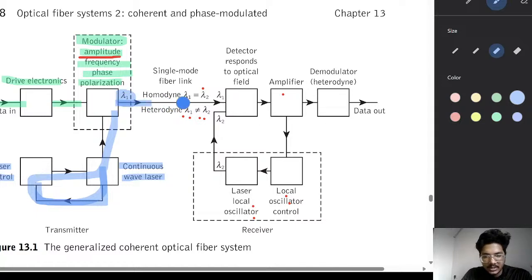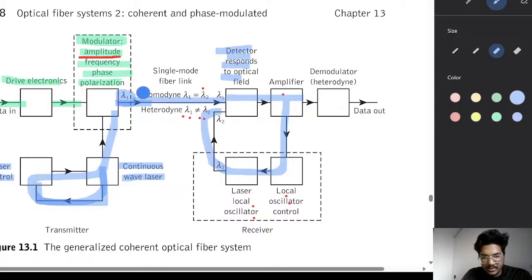And lambda 2 from this side. So lambda 1 is going from here, and if the detector responds to the optical field, we go to the amplifier portion, and the local oscillator controls these things so that the laser local oscillator gives lambda 2.